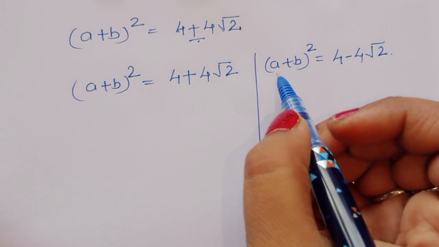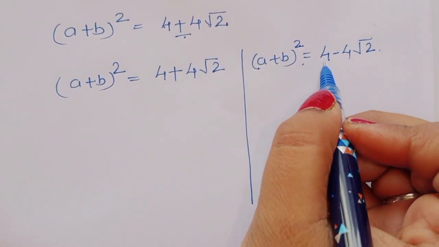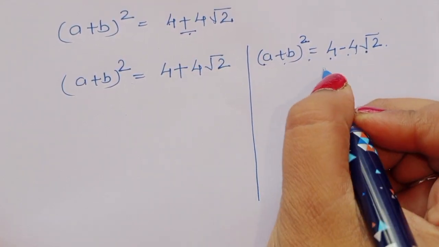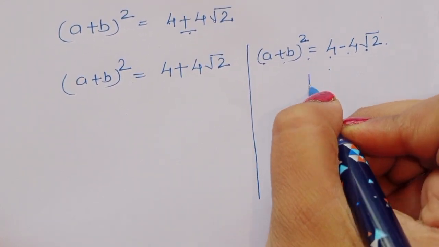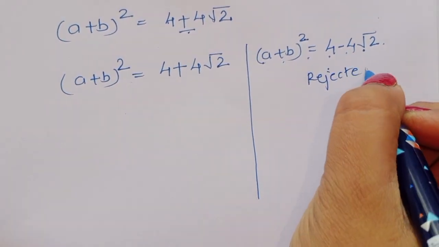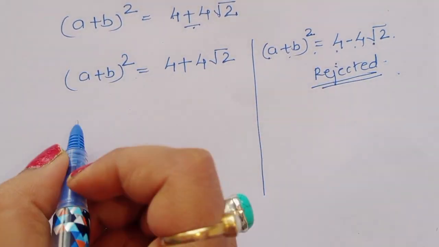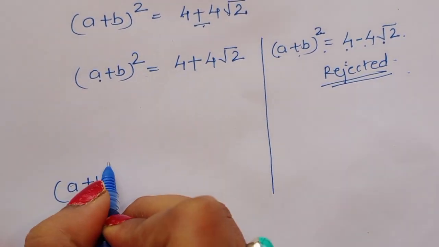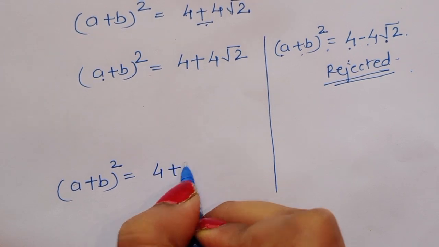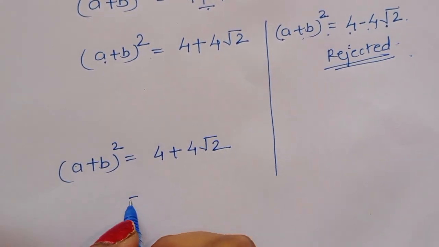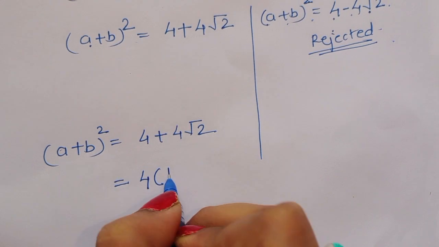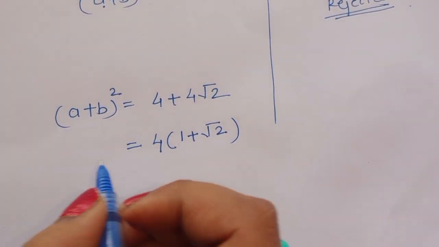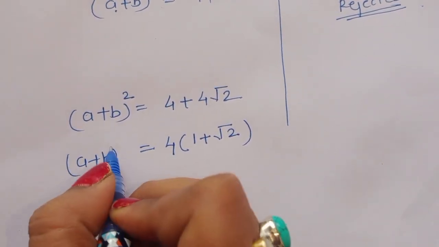Now you can see that 4 minus 4 square root of 2 is not possible because this is less than 0. So this term is rejected. Therefore we have only one solution: a plus b whole square is equal to 4 plus 4 square root of 2, and taking 4 common, it is 4 times 1 plus square root of 2. Now this is the value of a plus b whole square.